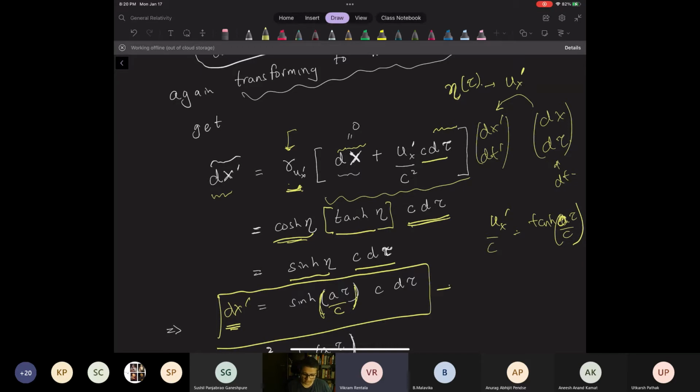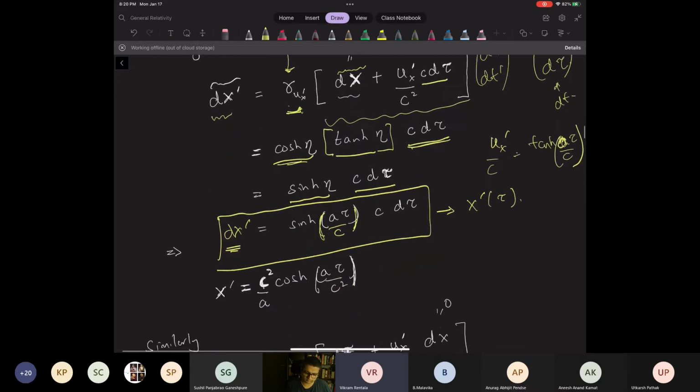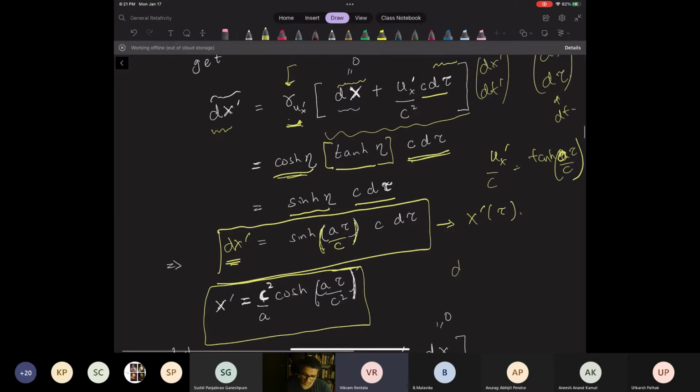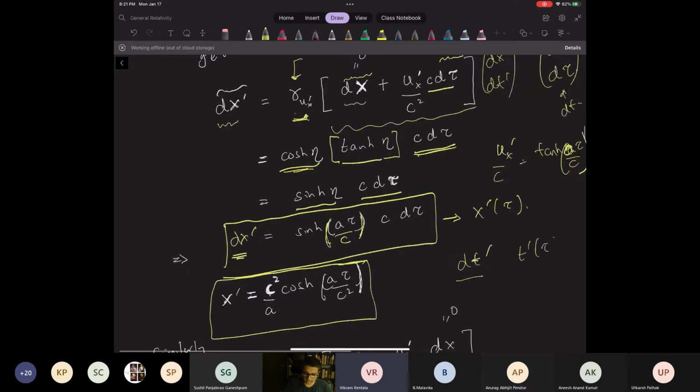I can integrate this equation to get x prime as a function of τ. What I would get is x prime equals c²/a times cosh(aτ/c). This only gives me the x prime. I also need to do the same thing for dt prime: figure out what dt prime is, integrate that equation, and get t prime as a function of τ.